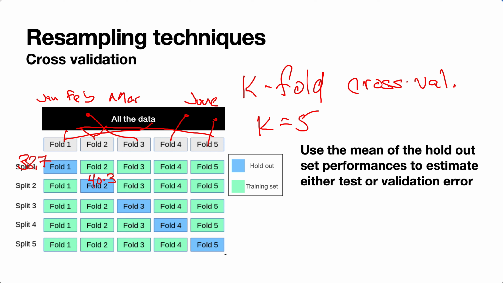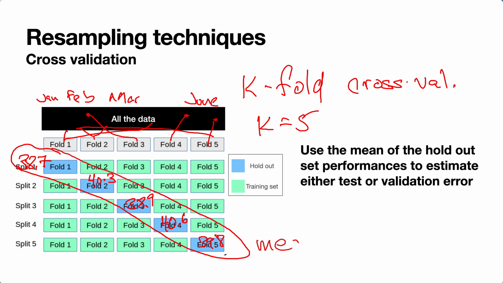We do it again, and again, and again. Okay, now our actual estimate of performance is going to be the mean of all these scores. And that's cross-validation.